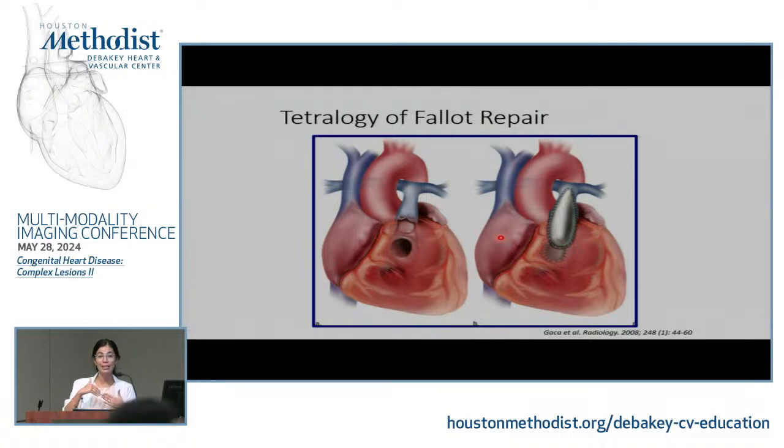The conal septum, or infundibular septum, very simplistically, lies between the outflow tracts, the LVOT and the RVOT. In tetralogy of Fallot, we have anterior malalignment of that portion of the septum. As you know, the RVOT is anterior, so this malalignment leads to RVOT obstruction.